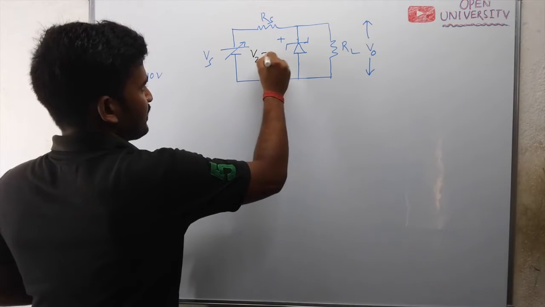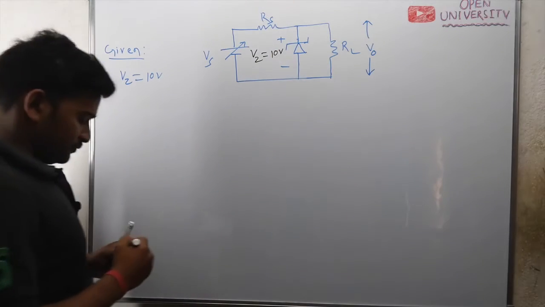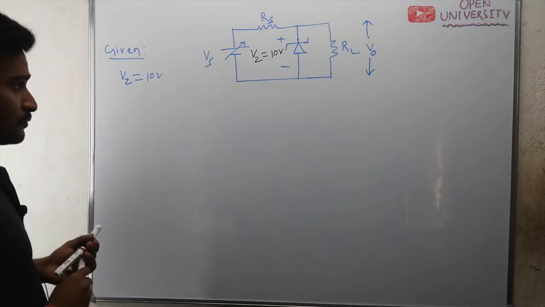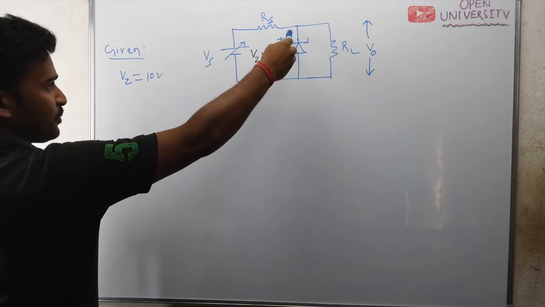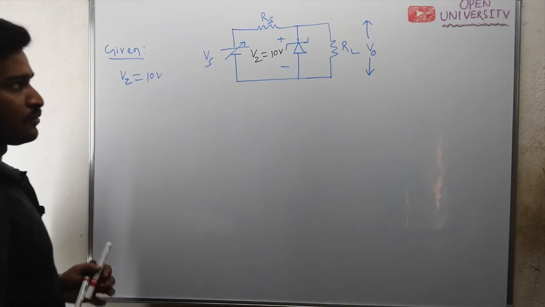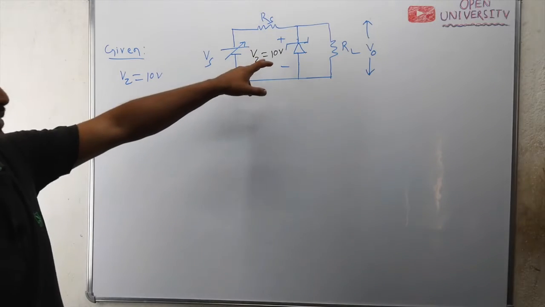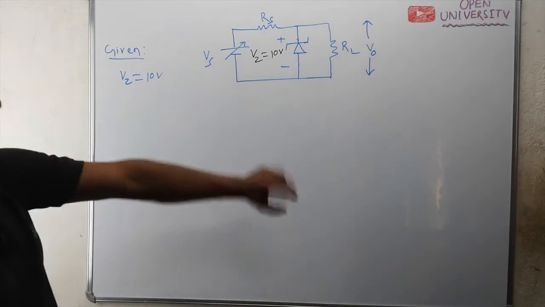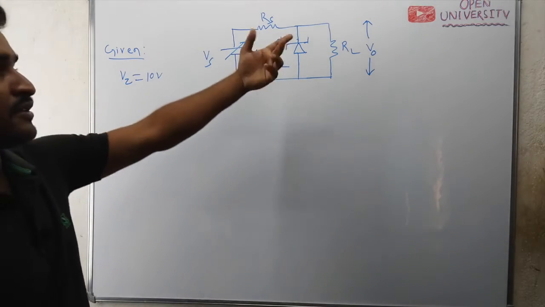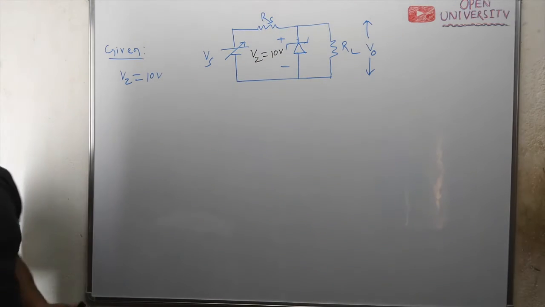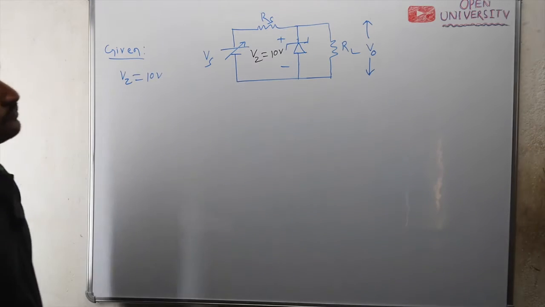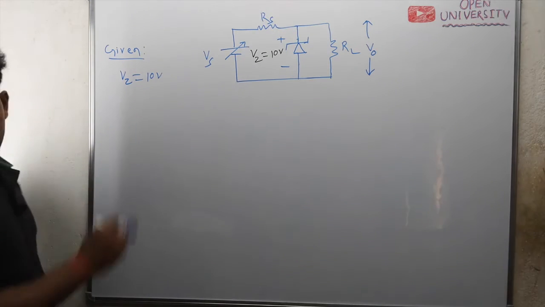Vz is given to be 10 volt. Reverse voltage, positive towards upper side and negative towards downward side. So this is nothing but breakdown voltage or Zener voltage. Okay, I am operating Zener diode in reverse breakdown region. The Zener voltage is 10 volt.